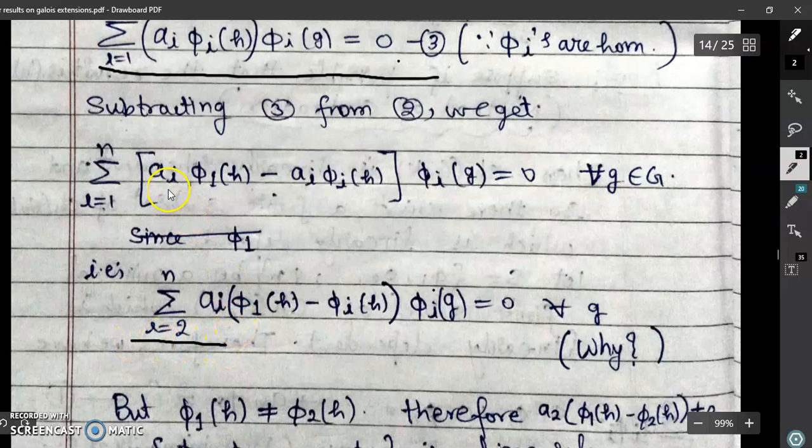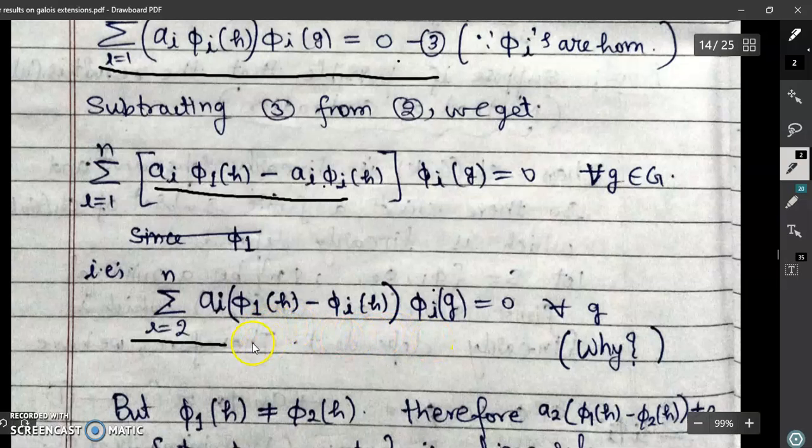Why? Because for the first term, both terms of this are the same. Put i is equal to 1 in both terms and observe that this will be the same, and so it will be cancelled out, and hence we have summation of this from i is equal to 2 to n is equal to 0. Remember that a1, a2, an are non-zero.